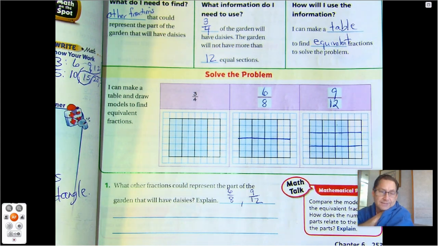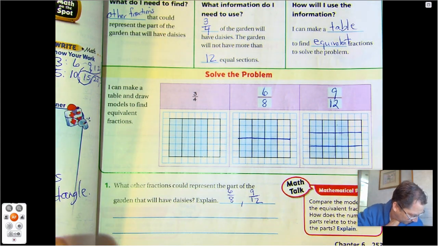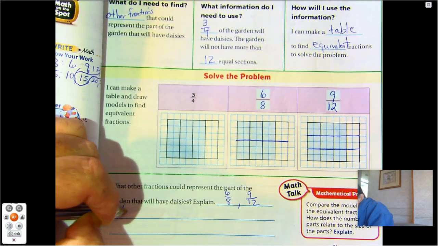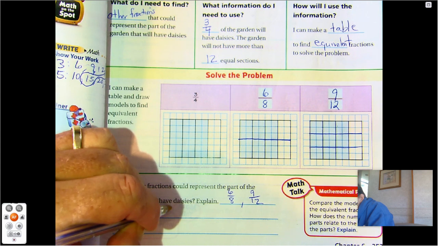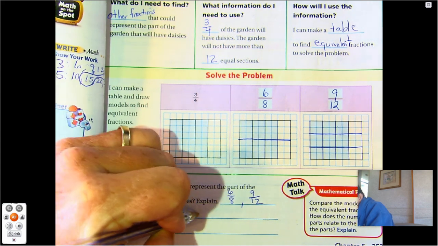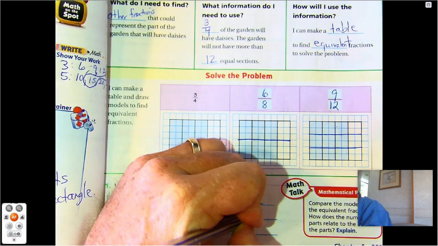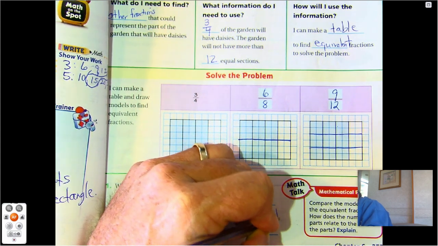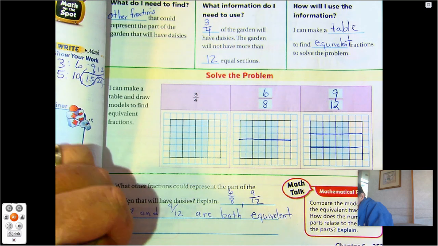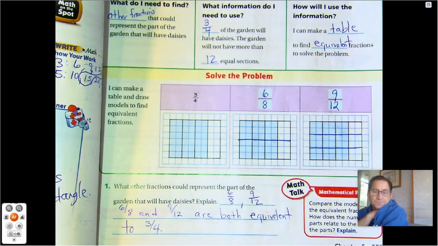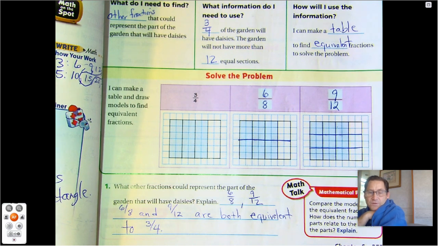Okay. And basically 6/8 and 9/12 are both equivalent to 3/4. Okay, so let's go on to 254.